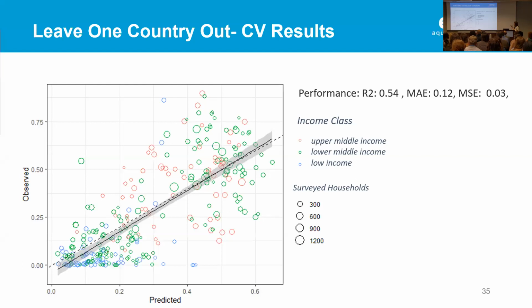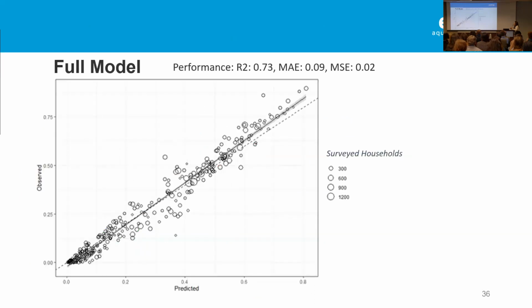We see that estimates for low-income countries seem to be more accurate than for high-income countries, for upper middle-income countries. But all of these were modeled in our pool model. They were all modeled together. So this is just to see that we potentially do have some spatial autocorrelation when we compare to the pool model, which is basically we train the model on the data and then we predict for those countries.